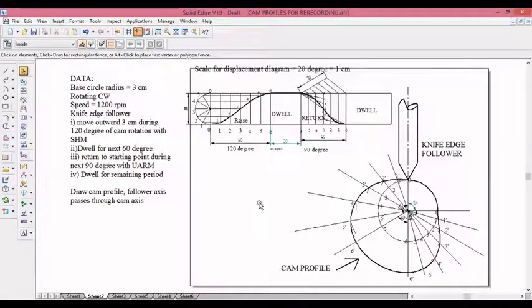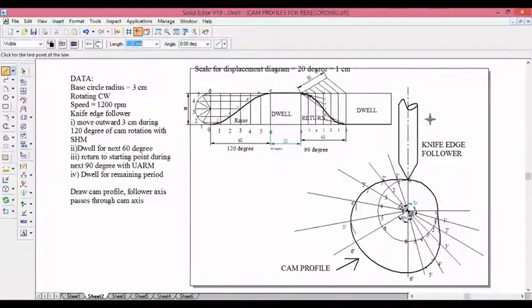So this completes the drawing. Even better, you need to show the guide also here. Take a line, show the guide.